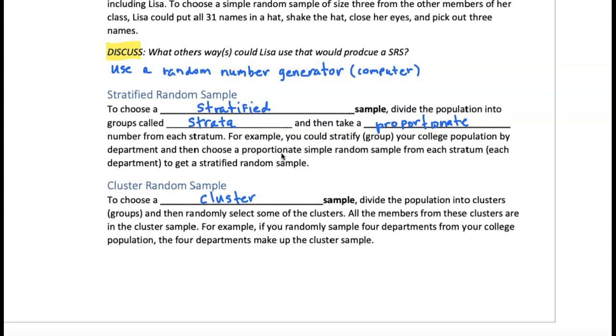If you think about a college population, you can break that up into departments and look at different majors. Or in a high school, you can think about freshmen, sophomores, juniors, seniors. Those would be four strata. And then you would select people from each of those strata, an equal proportion from each stratum.